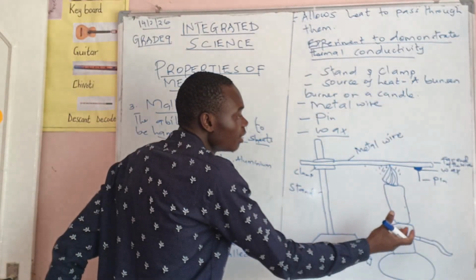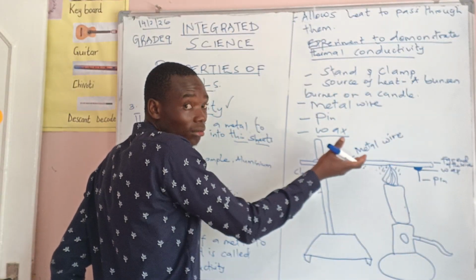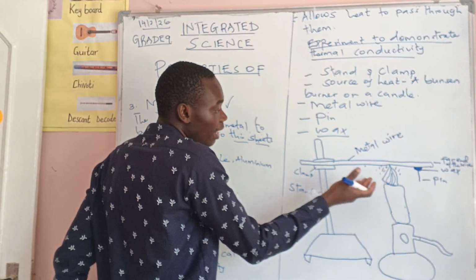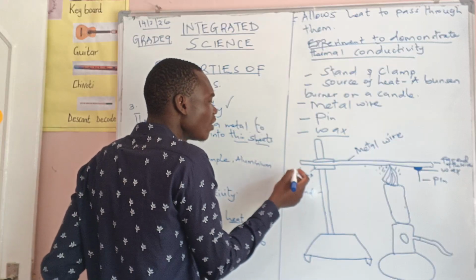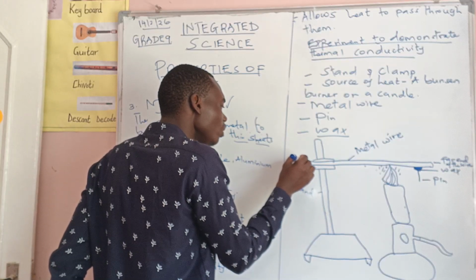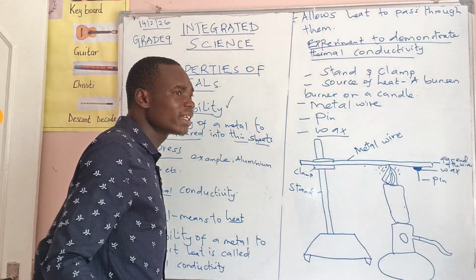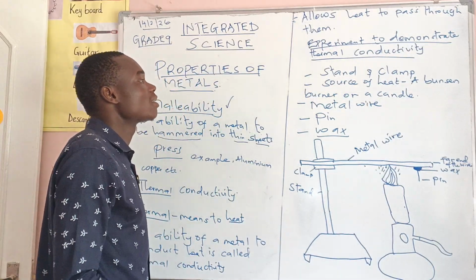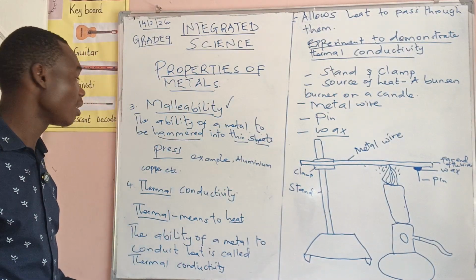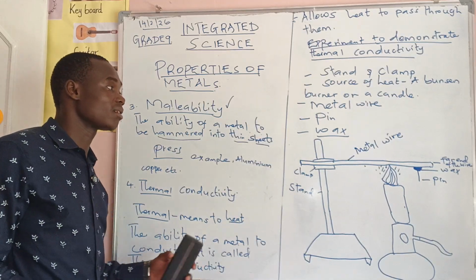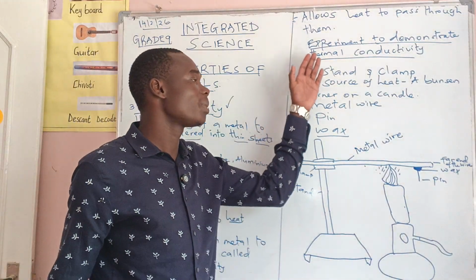So when I heat this particular metal, there is source of heat and there is a metal. Will it allow the heat to flow through it from this end to the far end? Will it allow? Yes. That is what metals are. Property of what? Metals. So they will allow heat to pass through them.